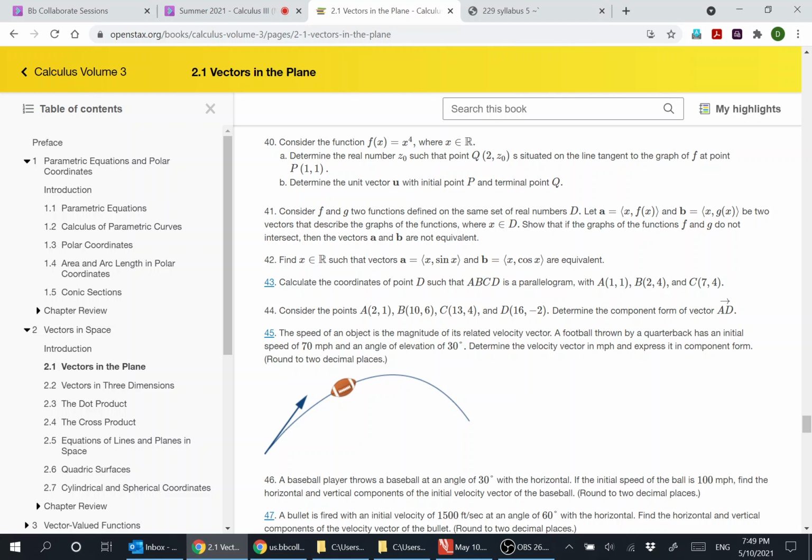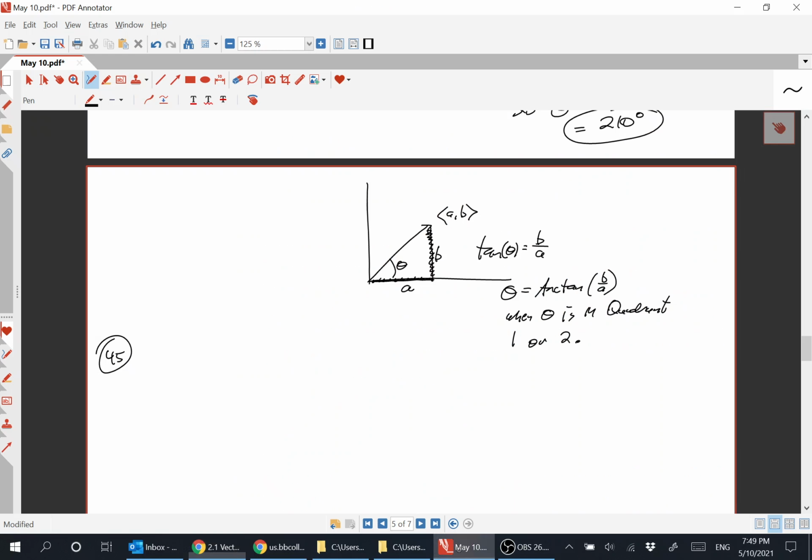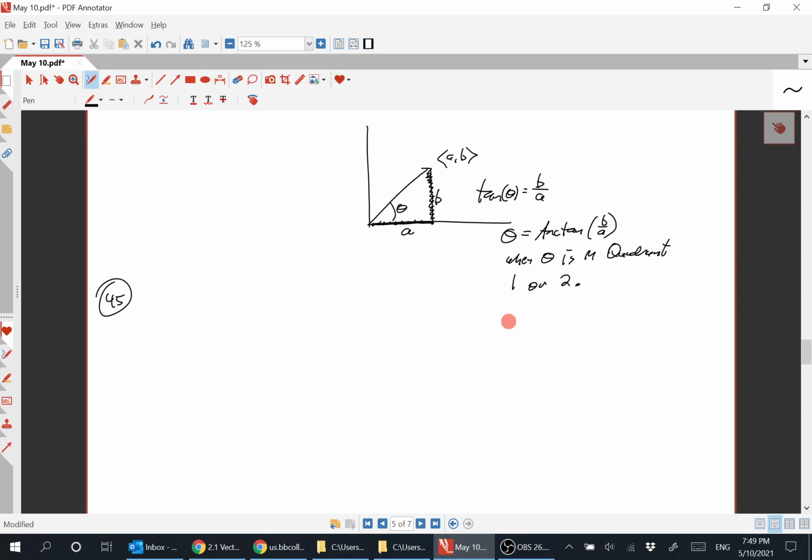A football is thrown by a quarterback, has an initial speed of 70 miles an hour and an angle of elevation of 30 degrees. Determine the velocity vector in miles per hour and express it in component form. Round to 2 decimal places. So this one's real simple here.